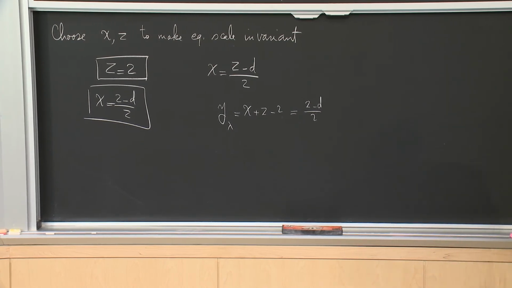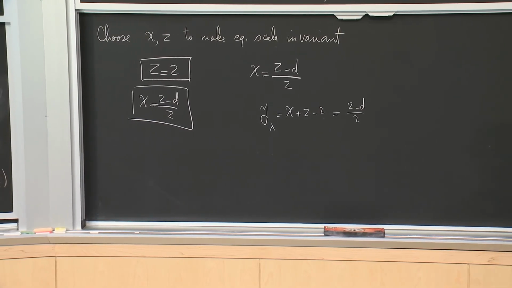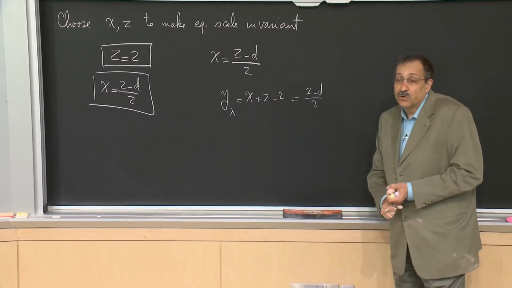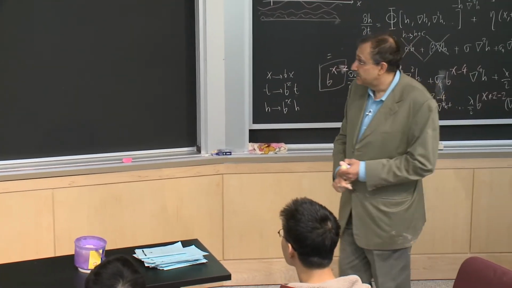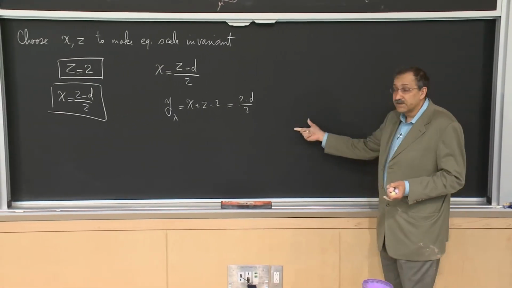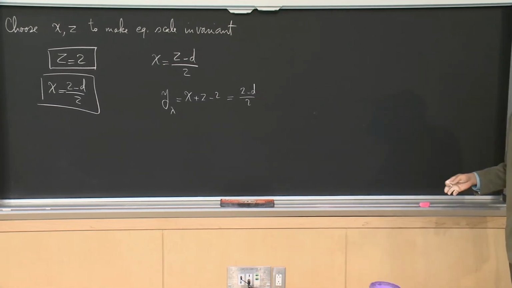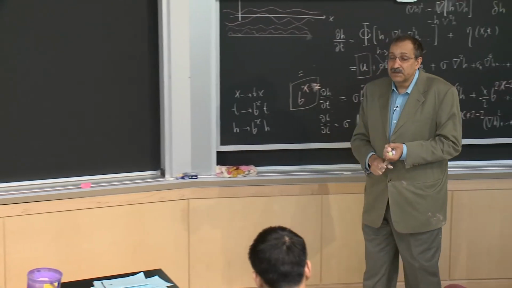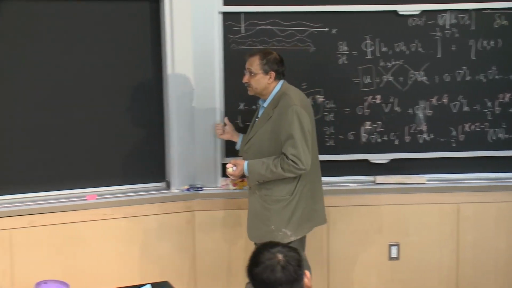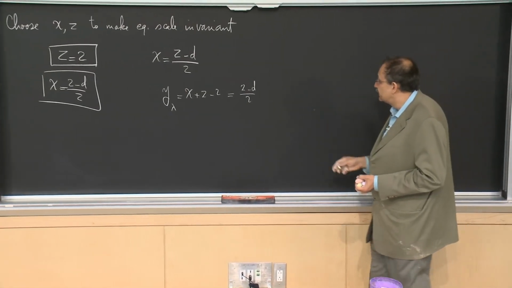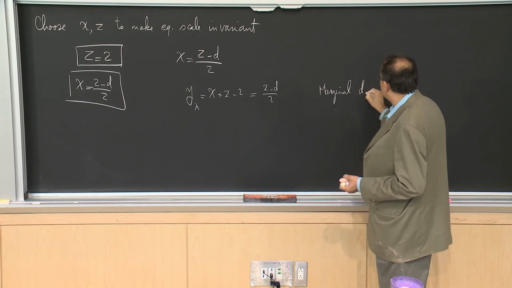So whether or not this nonlinearity is relevant, we can see depends on whether you are above or below 2 dimensions. So when you are below 2 dimensions, this nonlinearity is relevant, and you will certainly have different types of scaling phenomena than what you predict by the case of the diffusion equation plus noise. Of course, the interesting case is when you are at the marginal dimension of 2.